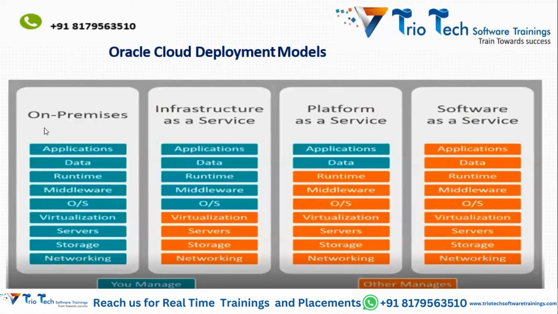Okay, so you can see here there are four models: on-premise, infrastructure as a service, platform as a service, software as a service. Okay, now what do these deployment models mean? In any business, or let's say any simple software that you purchase, you have to install it, right?